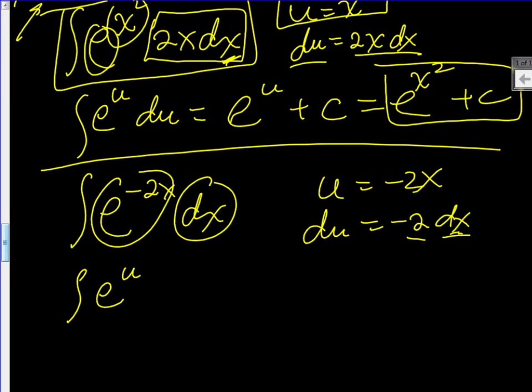Well, if you just need a number, not a variable, just a number, you can put in a negative 2, but then you better multiply by its reciprocal. It's negative 1/2 times negative 2 is 1. That's okay. So here's the negative 1/2, and now negative 2 dx, that's du.